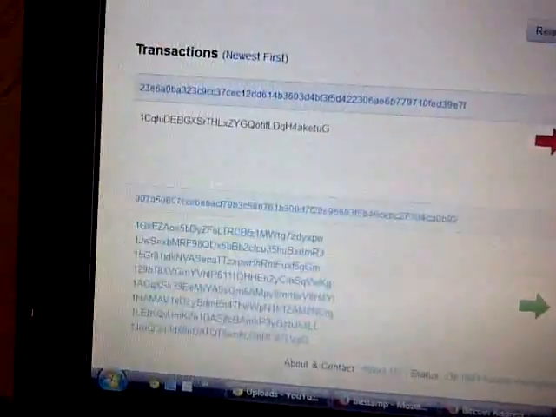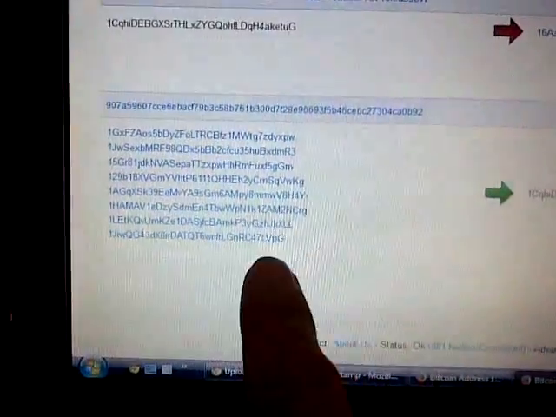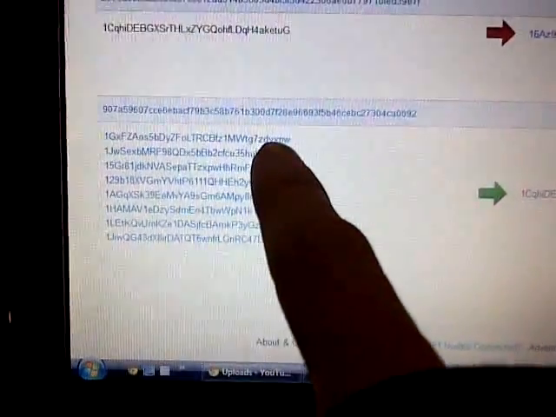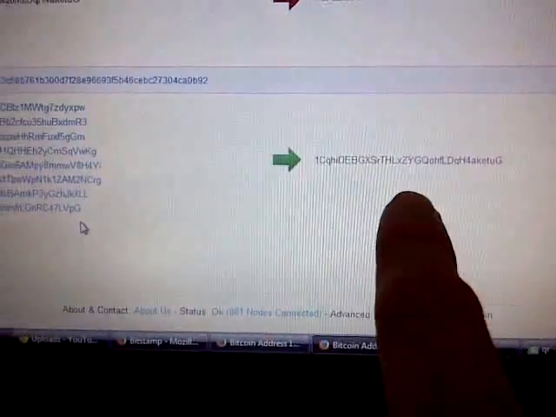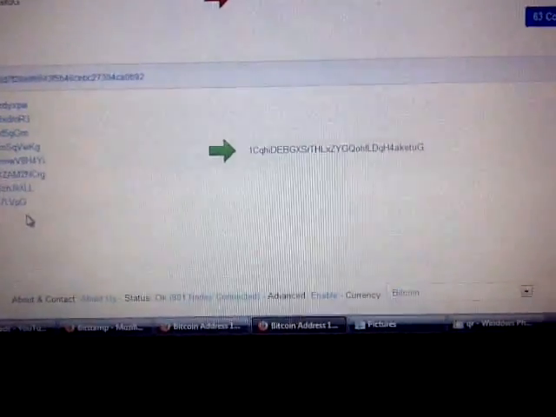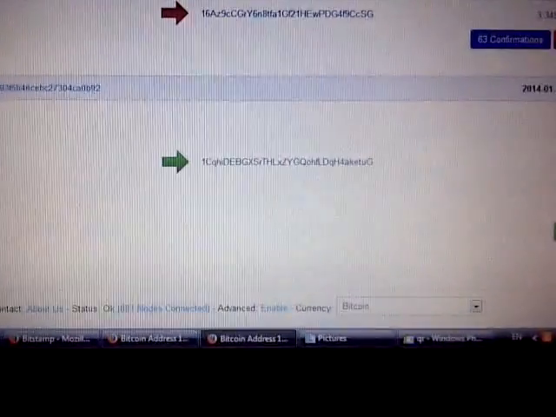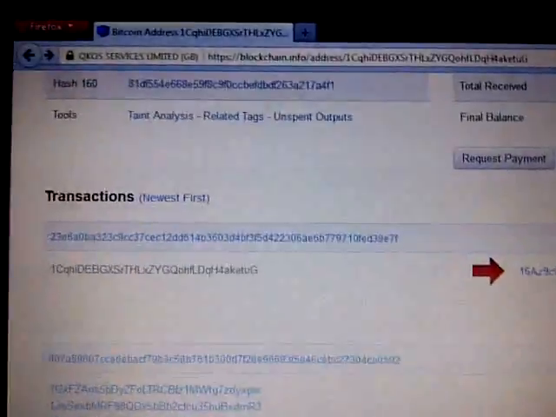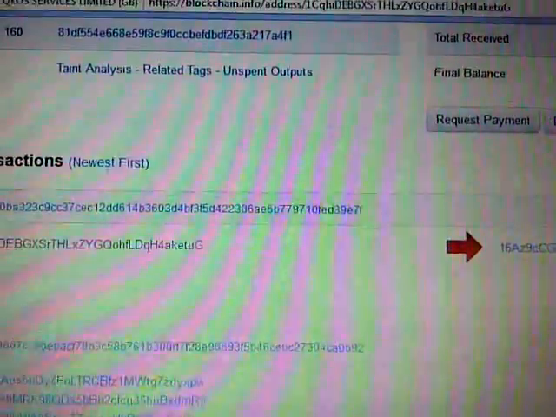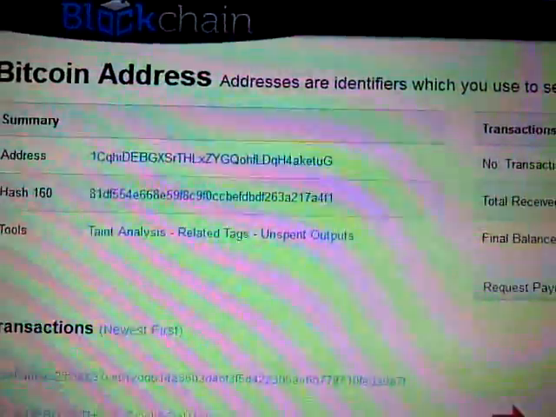And what you have on the bottom is all these address keys, which somehow all went into this one. Let me see if I can, okay. So it went into that address key, which, of course, let me scroll up now, is this address key, I believe.